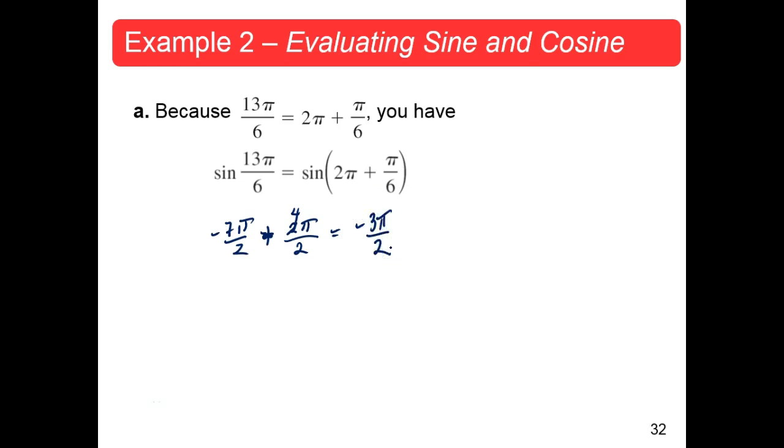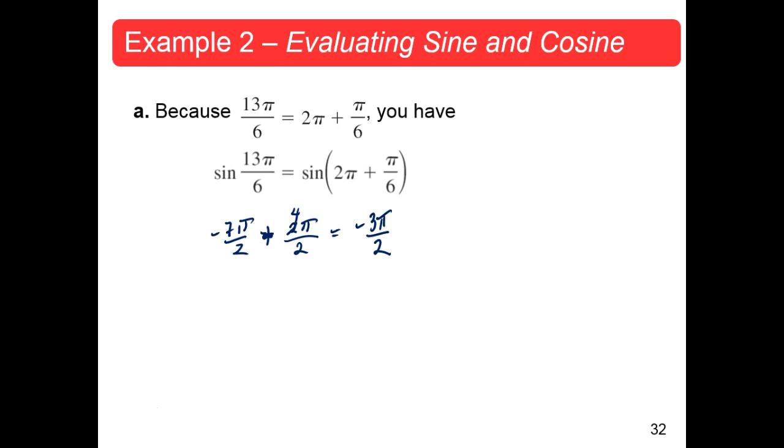I can deal with that. Where is negative 3 halves pi? So you've got to go clockwise, right? 1 half pi, 2 halves pi, 3 halves pi. That's the same as what? Pi halves.